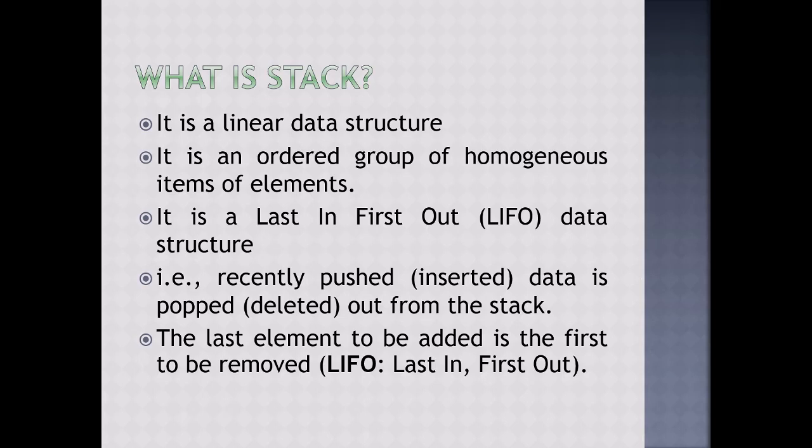It is also called a restricted list. It is an ordered group of homogeneous items or elements. We can store a set of elements of the same type in a restricted way by using a stack.